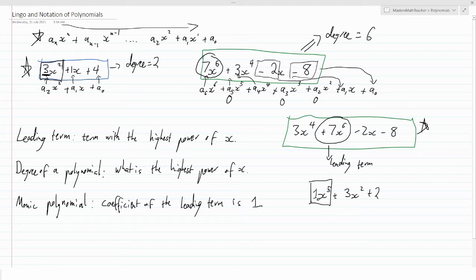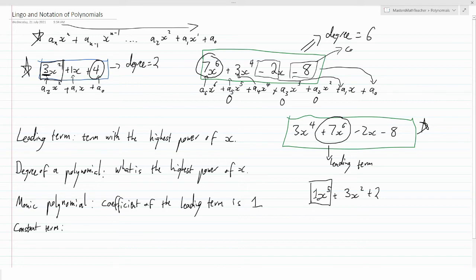And the final piece of lingo is what is the constant term? Now, hopefully you've heard of the constant term before, but it's just which value in this equation does not have an x. So if we look at our blue, it's 4. It's the constant term, the bit with no x. In our green one, it's -8, the one with no x.